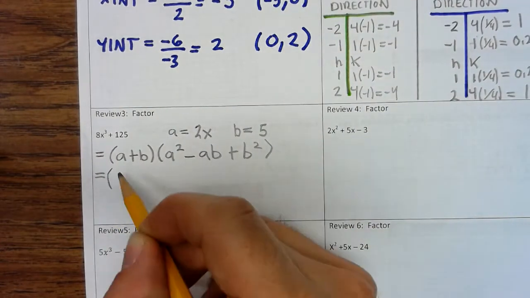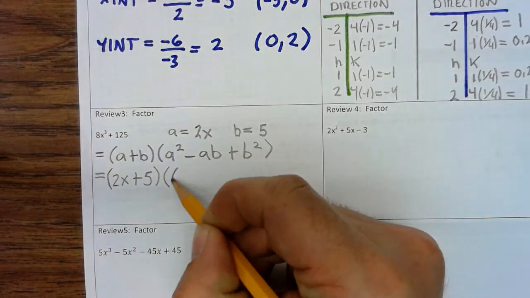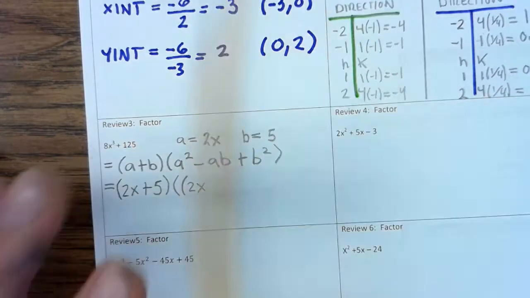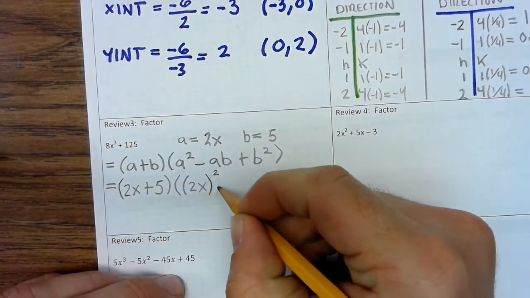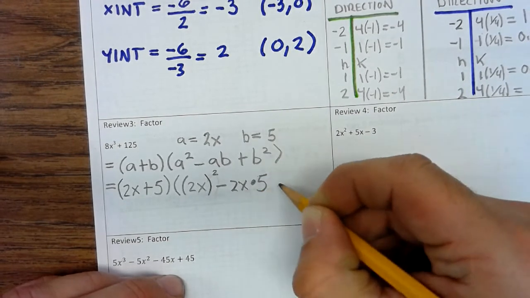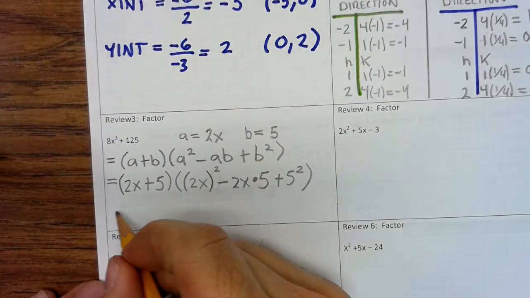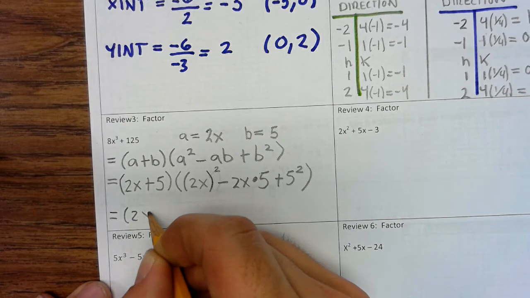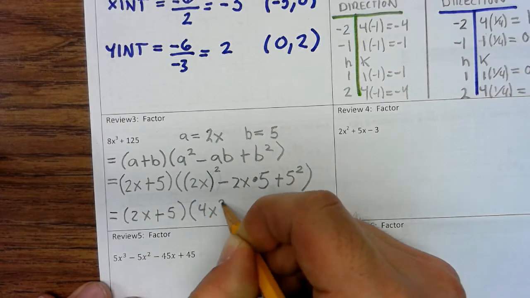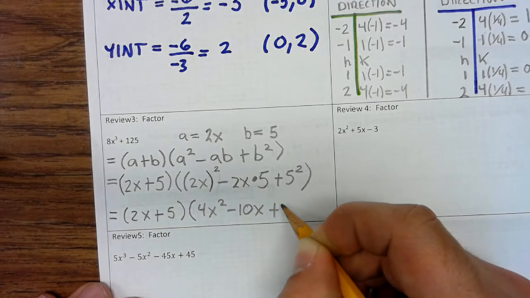Okay, so we know A is 2x, so that's 2x plus 5, times 2x squared minus 2x times 5 plus 5 squared. So we simplify: 2x plus 5, 2x squared is 4x squared, 2 times 5 is 10, so that's minus 10x plus 25.